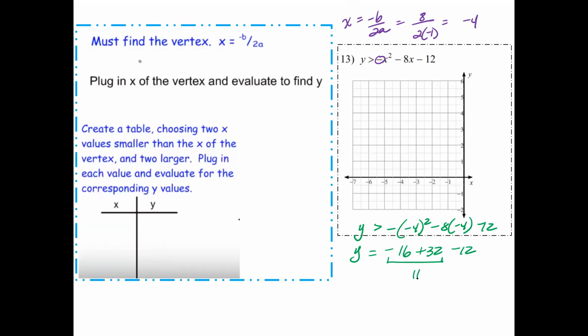Well, that right there is going to give me a 16. Minus 12 is going to give me a 4. So x is going to be at negative 4 and y at positive 4. 1, 2, 3, 4, 1, 2, 3, 4. Sad face is going to go down this way. And you guys know that if it's eating the letter y, it's going to be shaded inside.